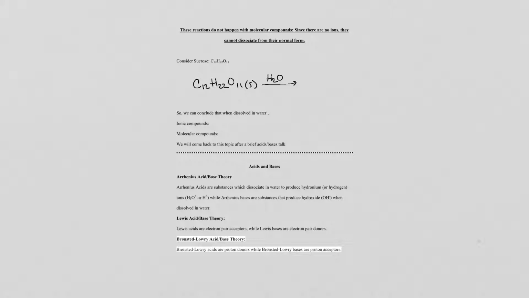So here we have all nonmetals, and as they can have oxidation numbers and all that fun stuff, that's not really what we're looking at, right? This is a molecular compound, and molecular compounds do not dissociate into ions because there are no ions in these compounds, right? They're all covalent bonds. The others are ionic bonds, which is why they dissociate.